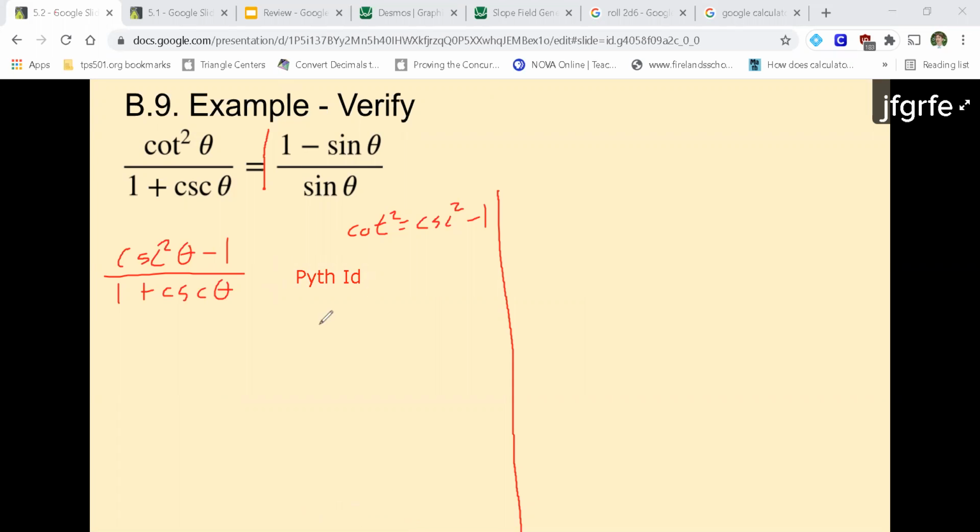Okay, now let's use some of our algebra skills. This is a difference of squares, right? So I think we could factor this, and I believe one of the factors is the denominator. So if we factor this, we can simplify even more. This is a difference of squares, so it's cosecant plus 1, cosecant minus 1.